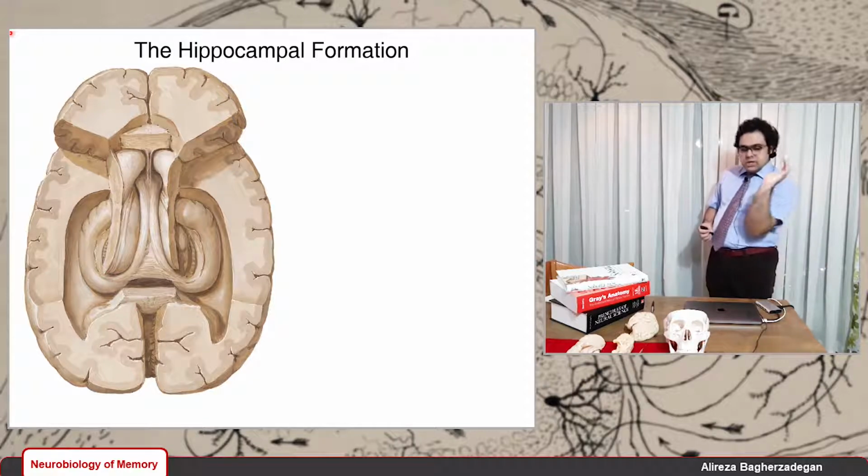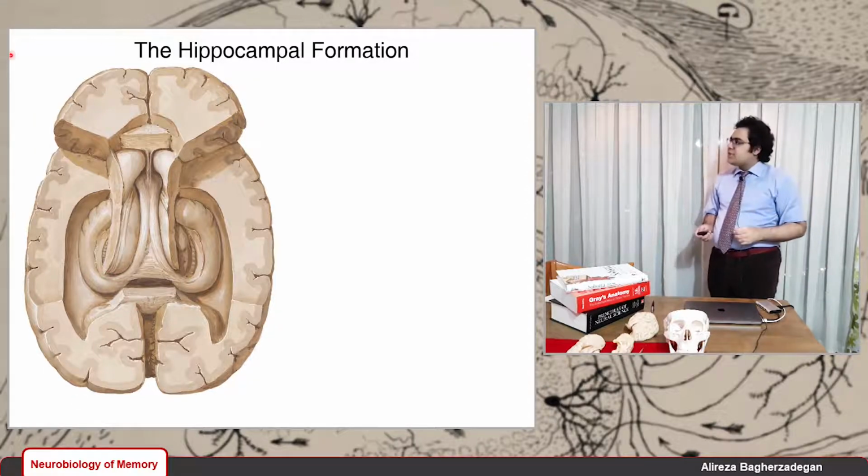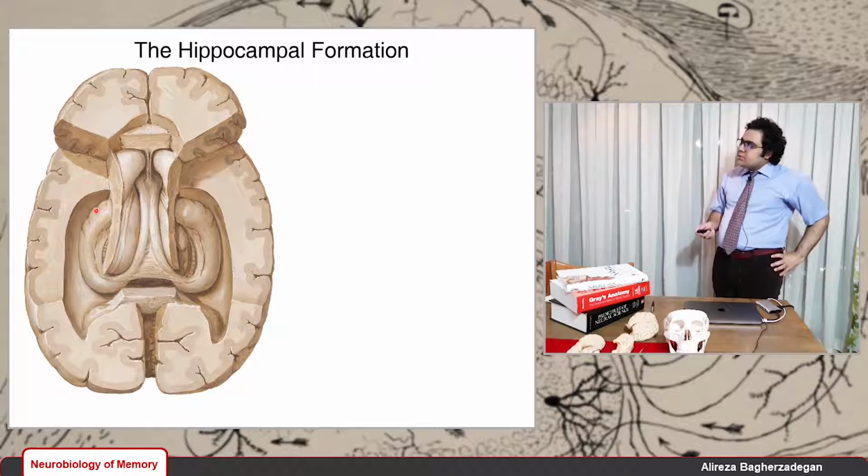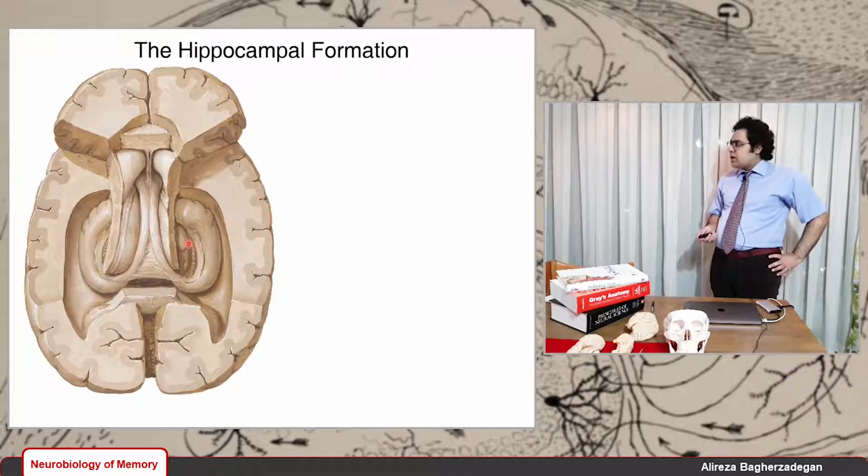We have convex, concave. It's a convex elevation in the middle portion of the anterior temporal lobe. So this is the temporal lobe. This is the anterior part of that temporal lobe, and hippocampus is located in the middle portion of the anterior temporal lobe. And it is approximately 5 centimeters long, and God knows how complicated this 5 centimeters long structure is in the brain.